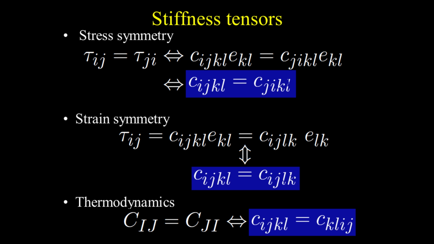Because of the symmetries of stress tensor, we have the following symmetry between stiffness, as you can see here. Because of the symmetries of strain tensor, we have these additional symmetries between stiffness, as you can see here.